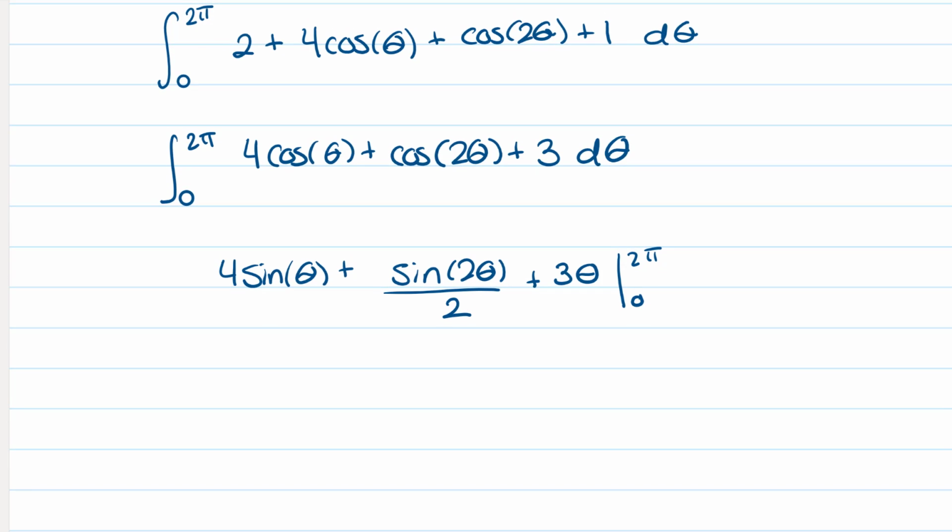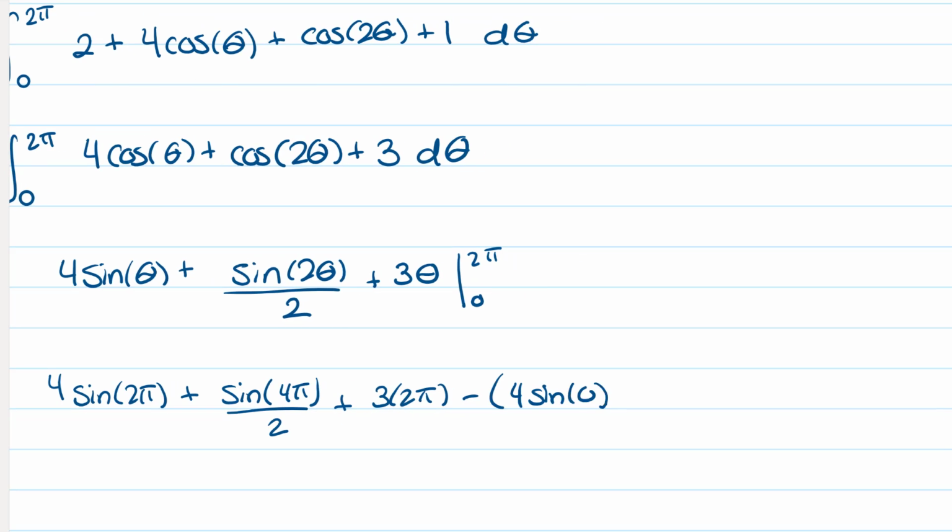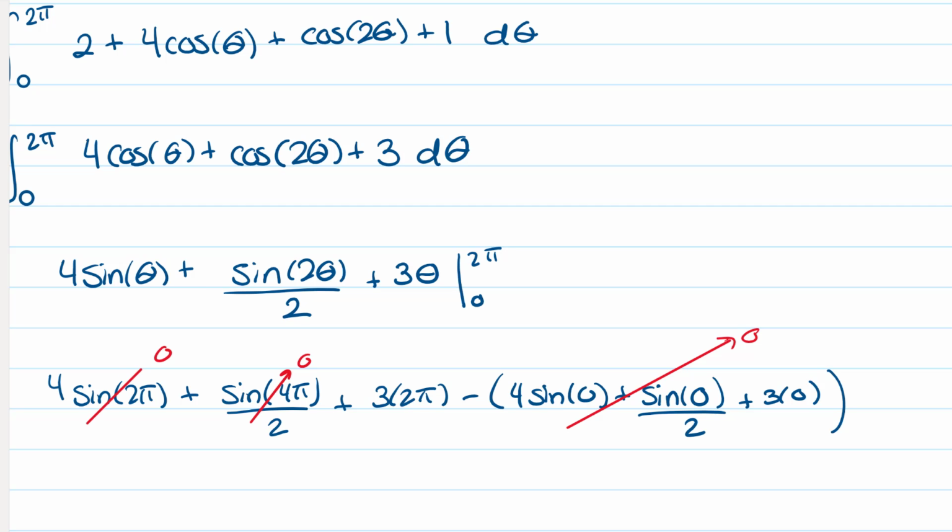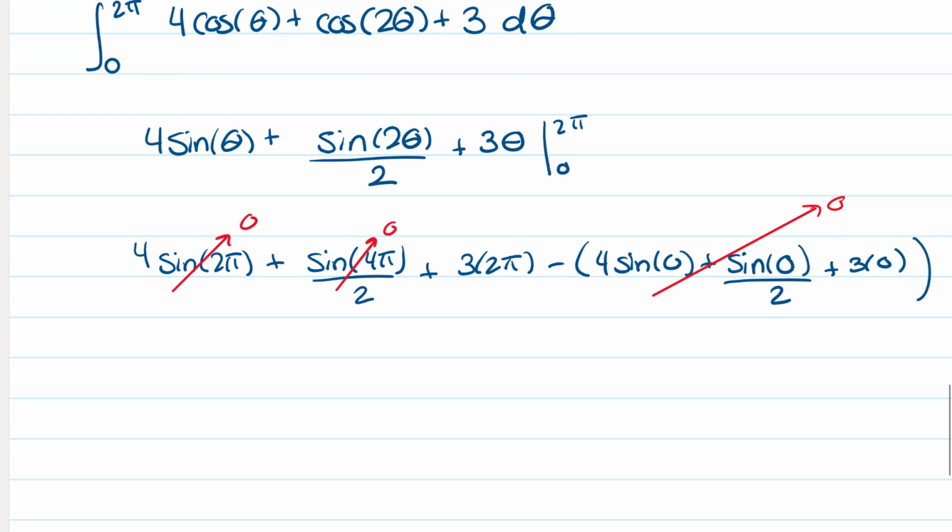So this becomes 4 sine of 2 pi plus sine 4 pi over 2 plus 3 times 2 pi, minus the lower bound, which is going to be 0. The sine terms go to 0, so my answer is going to be 6 pi. And that gives me the area inside of that polar curve.